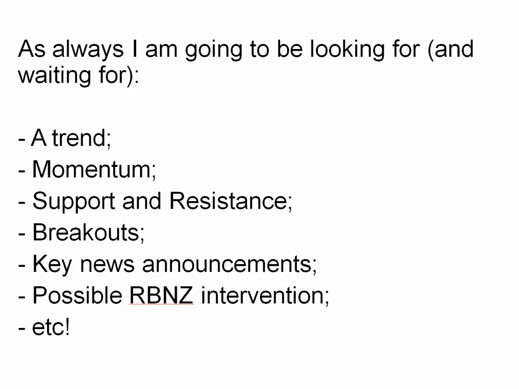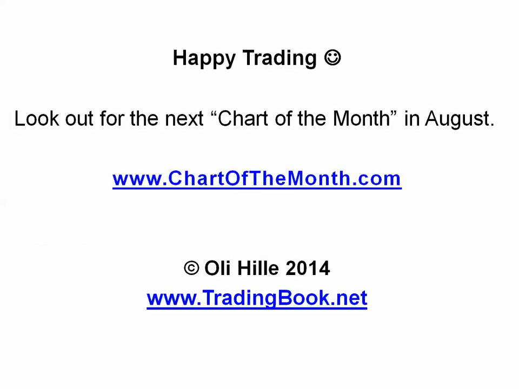Are there any breakouts of key ranges? Are there any key news announcements? Is there possible RBNZ intervention, etc.? So the key thing here is I'm not flagging a particular trade on a particular day. I'm going to start looking for shorting opportunities from the 4th of August onwards.